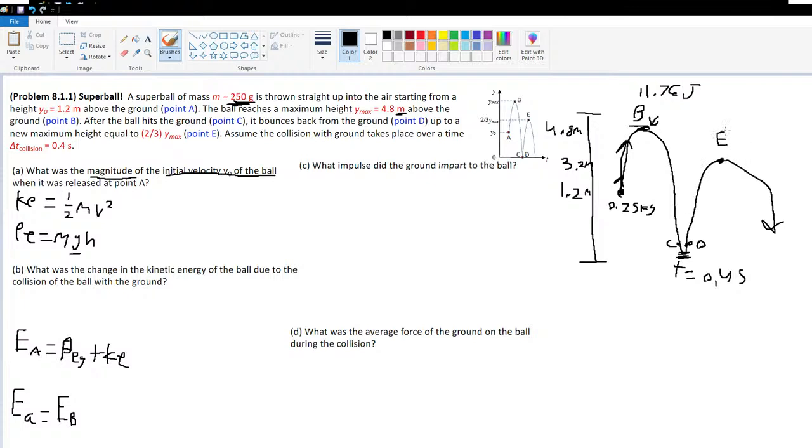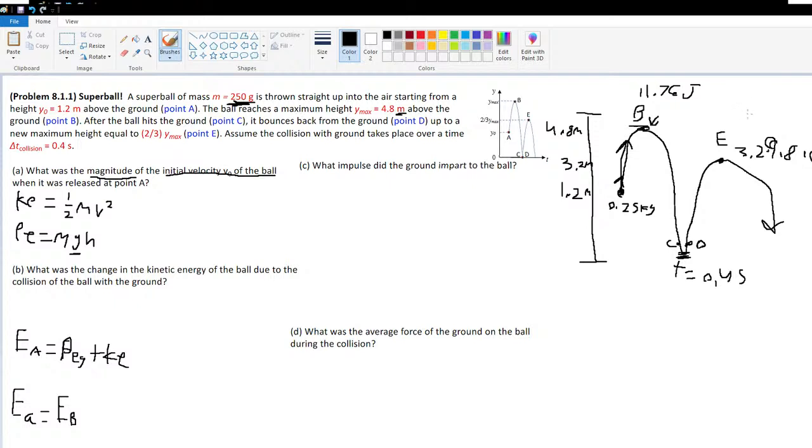So if we take point E, this is where it once again has kinetic energy of 0. So we can say that the energy at point E is equal to 3.2 times 9.8 times 0.25. That is insanely messy, but it's good enough.